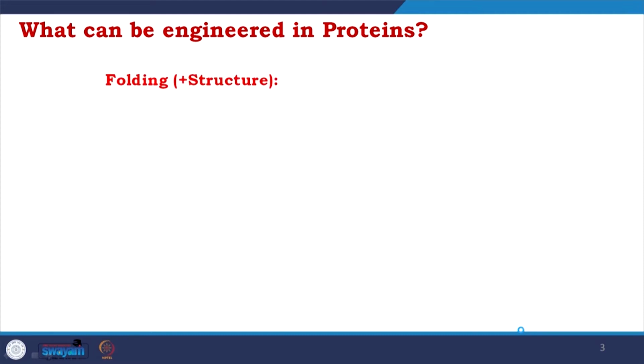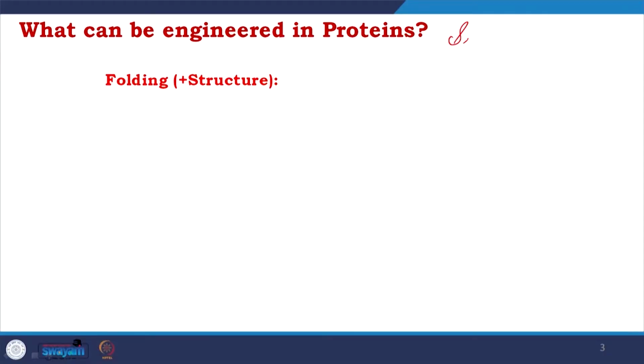One of the things is folding. If you have gone through the course properly, you would understand the importance of folding, the journey from sequence to function. In between is structure.